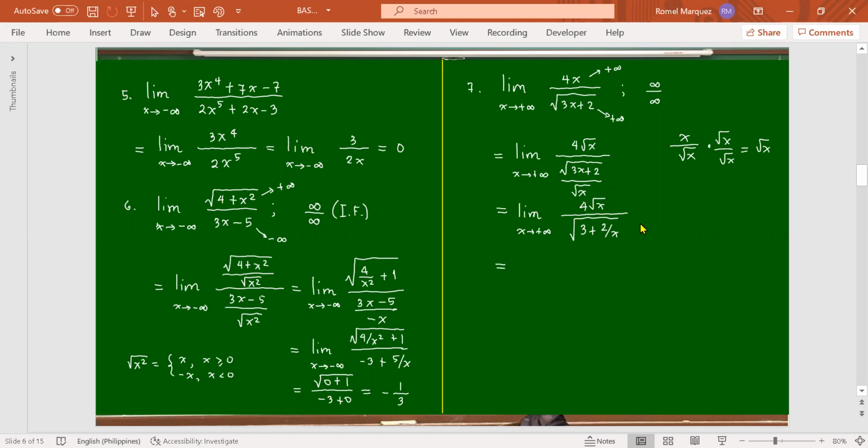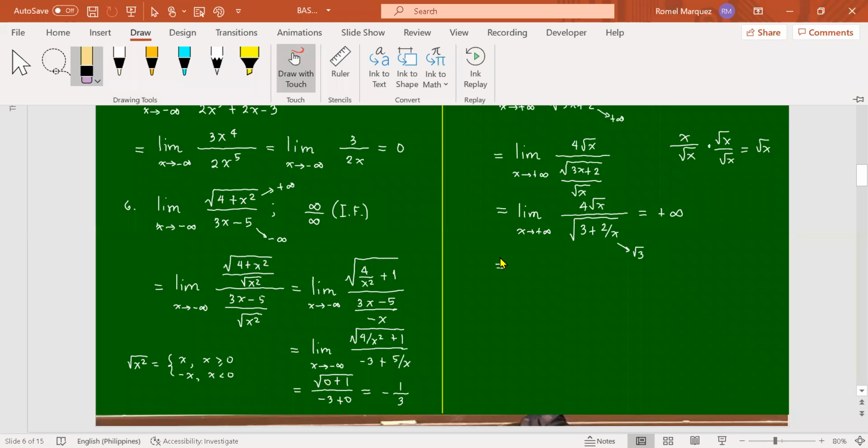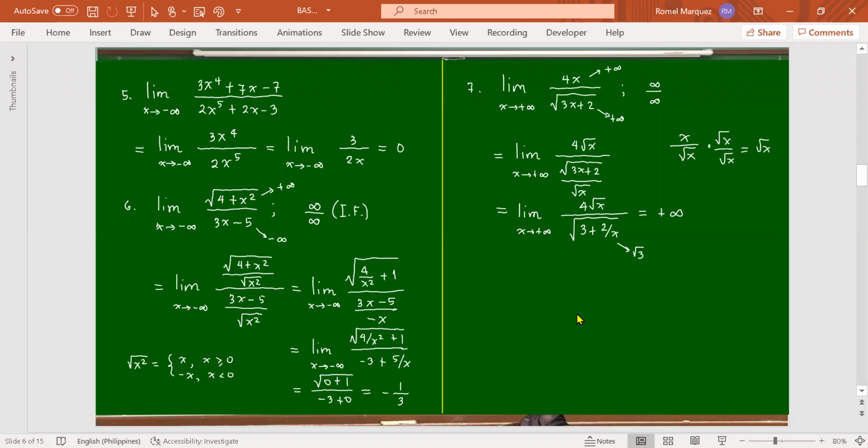So what is the answer, guys? This is going to be not 0. It's 3 plus, so the square root of 3. The limit of this, therefore, is positive infinity. Okay? Actually, I can take the highest power here, 3x. When x is approaching infinity, the square root of 3x plus 2 is no different from the square root of 3x. At very big numbers, they have the same behavior.